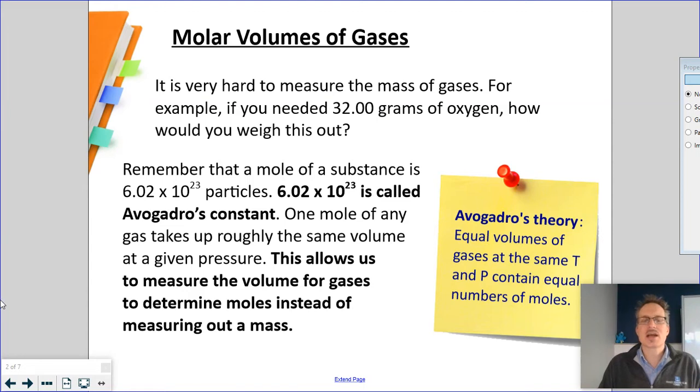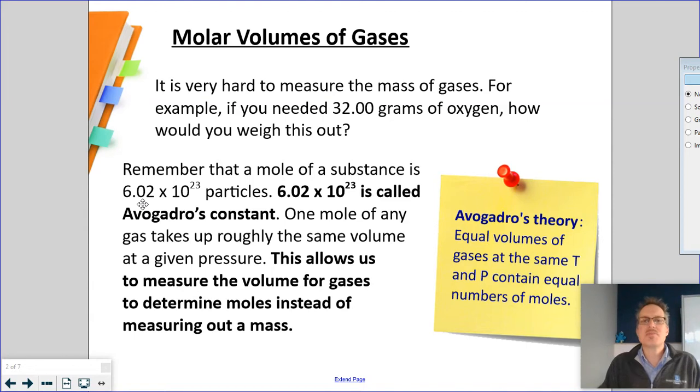If we take a look, again, I'm going to remind you of Avogadro's number, 6.02 times 10 to the 23rd particles. That is how many particles are in 1 mole of a substance. So we are talking an extremely, extremely tiny, minuscule amount of particles. Well, what we can do with molar volume is, we know that 1 mole of any gas takes up roughly the same volume at a given pressure.